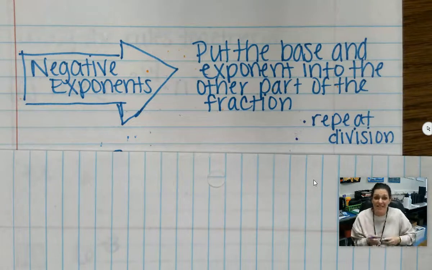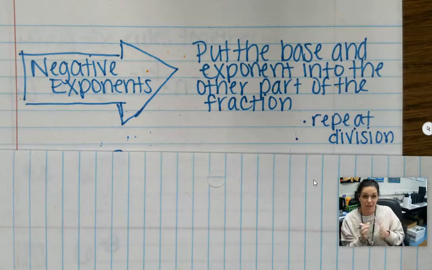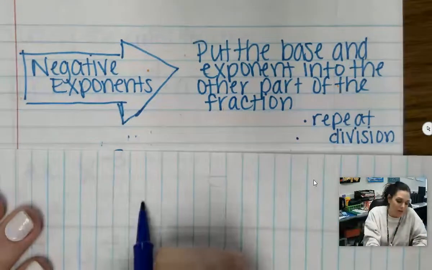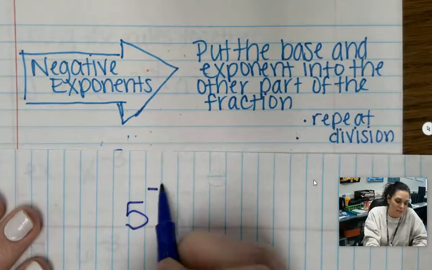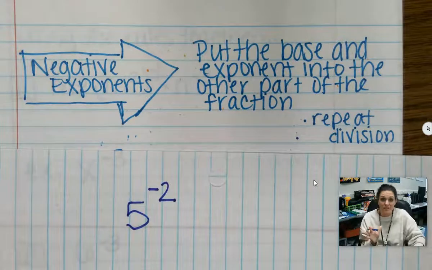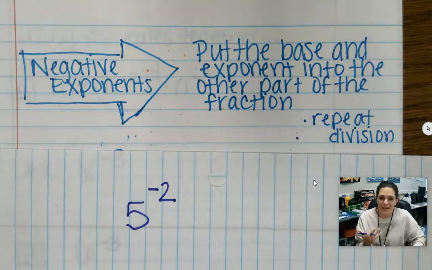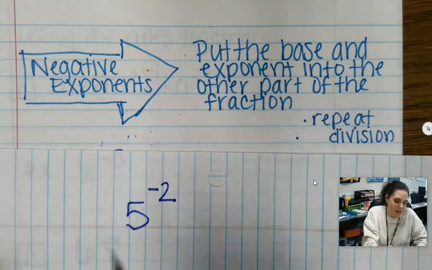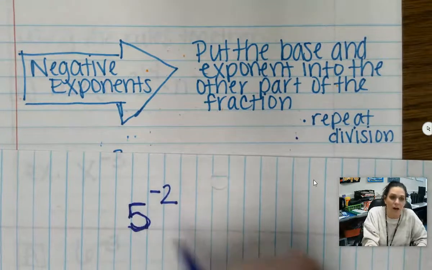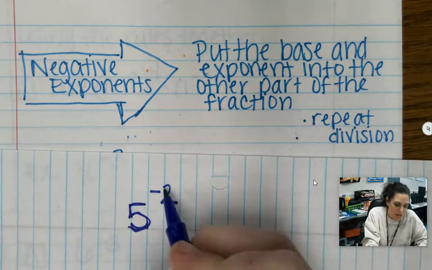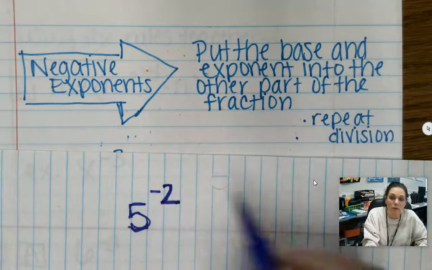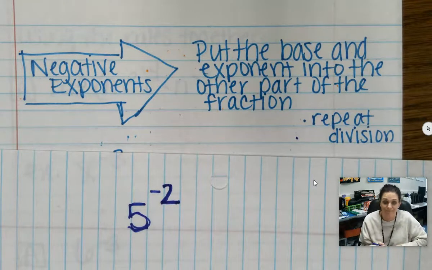I like to use the analogy of riding on an elevator. So I have 5 to the negative second. We already know this answer, but here's the analogy that I use. You are the number 5, standing in the elevator, and the exponent, that 2, is your luggage.